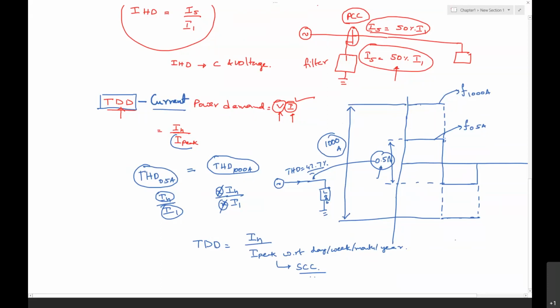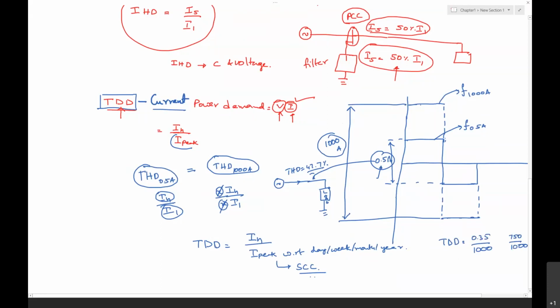Now, if you compare the total demand distortion factor for the two signals, maybe 0.35 for the 0.5 ampere signal, since the short circuit current of the fundamental is 1000, and if you compare the factor of the harmonic distortion current of 1000 amperes, maybe around 750 by 1000.